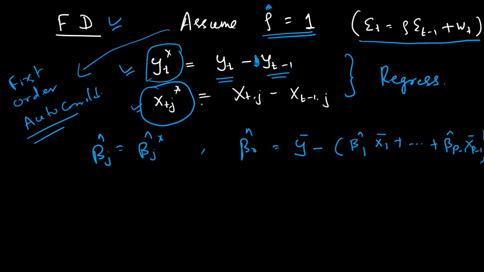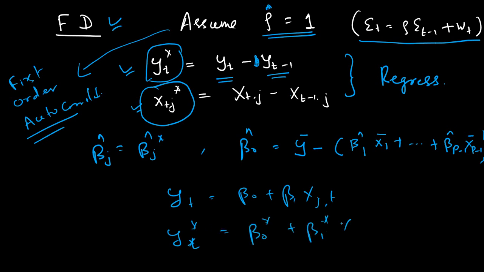Once you have the estimates in place, they are for the transformed variables, right? So how do we get back to the original estimates? Initially we had yt equal to beta naught plus beta 1 xt. Now with the transformed variables, we have yt star equal to beta naught star plus beta 1 star xt star. So we only get beta naught star and beta 1 star. How do we get back to beta naught and beta 1?